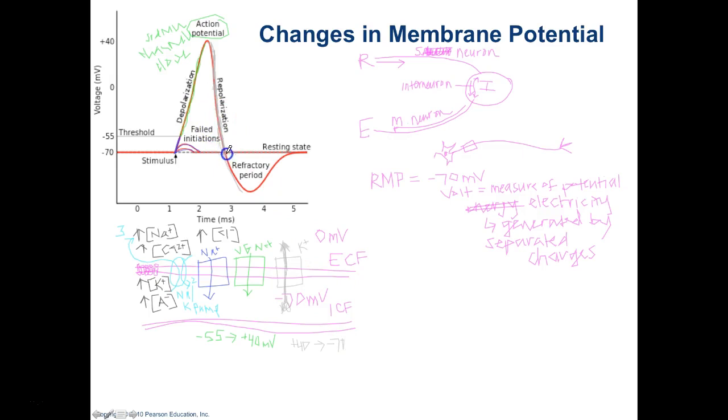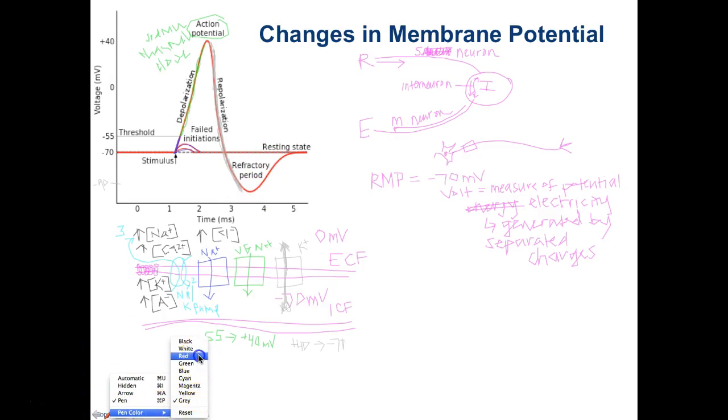And sometimes, actually most of the time, we overshoot this or undershoot it, however you want to word it, and we end up at a much more negative level of like negative 90 usually, or negative 100 millivolts. And so this portion, they haven't put it on this graph here, but we can add it in.